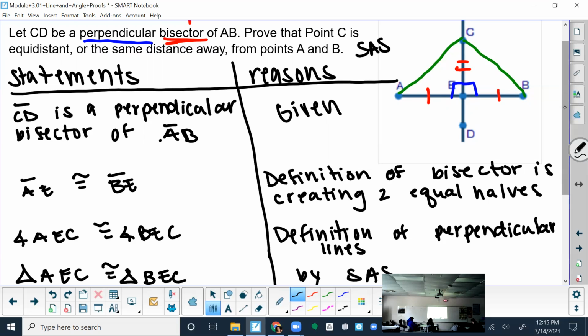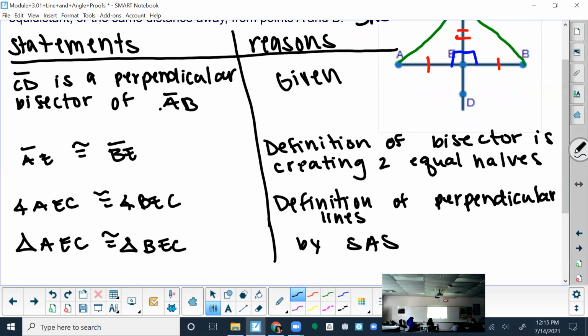And since we know that these triangles are congruent to each other, we're really close to proving that side AC is congruent to side BC.